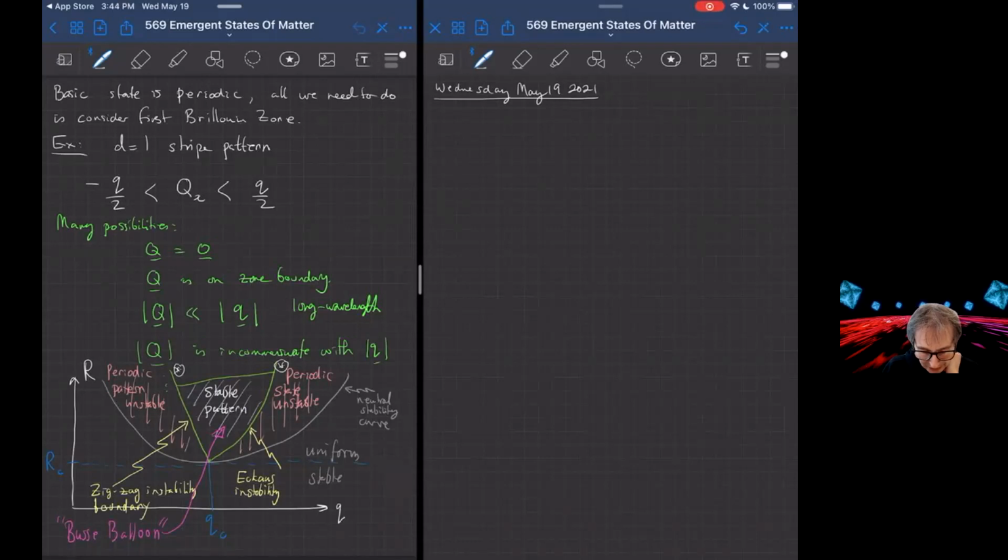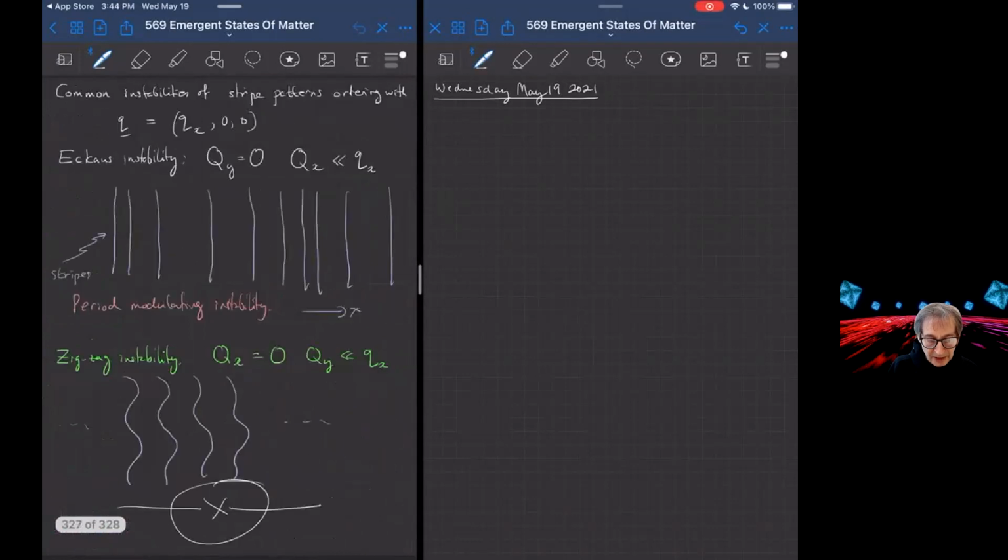And you can see that there are states where the periodic pattern is unstable to what? The analysis doesn't tell us. And in the middle is a stable region where the periodic state is indeed linearly stable.